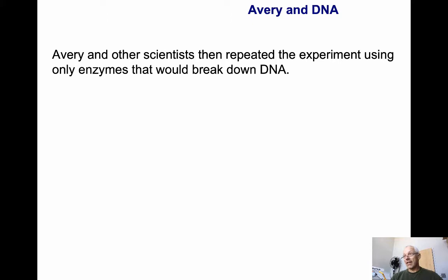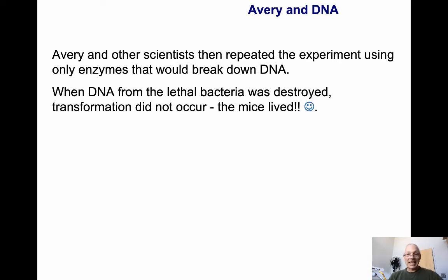And then he found out what that was by doing one more experiment in which he used an enzyme that would break down DNA, that would digest DNA. And when he did that to the extracts from the heat-killed deadly bacteria, the mice lived.